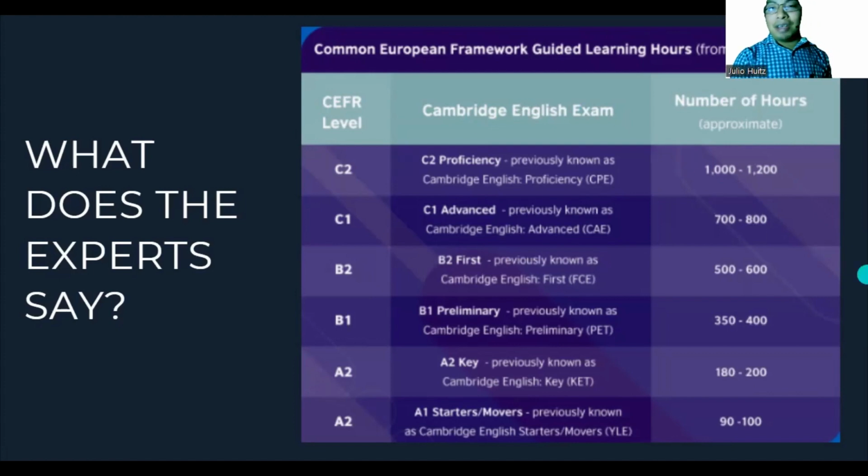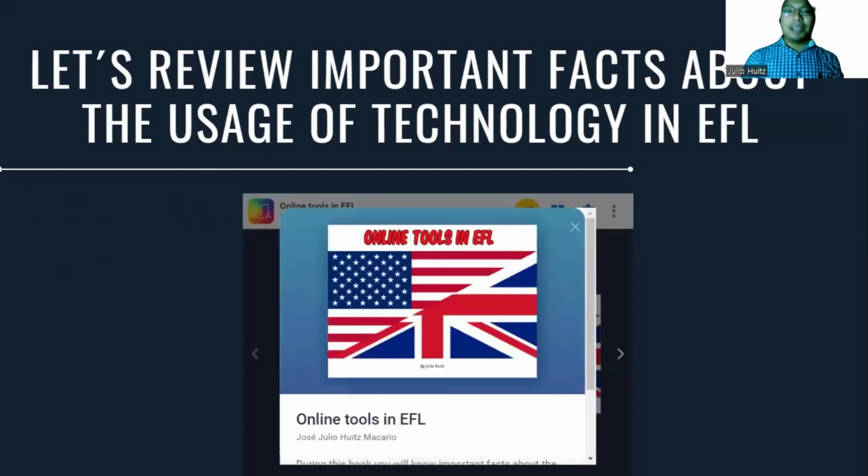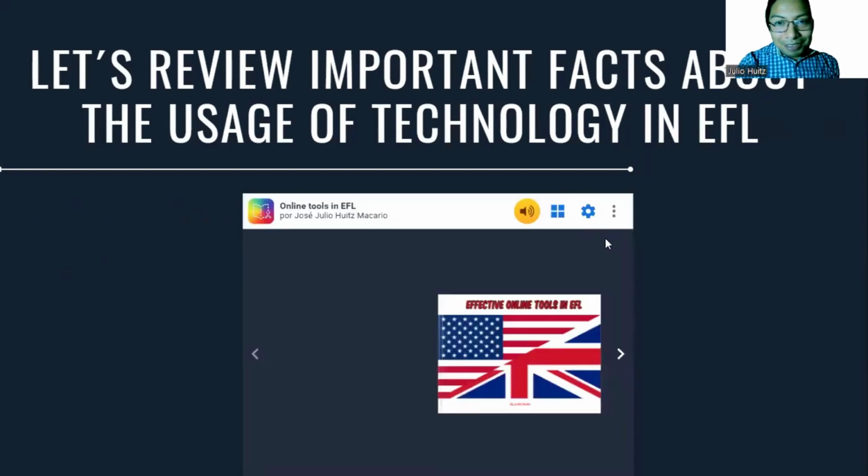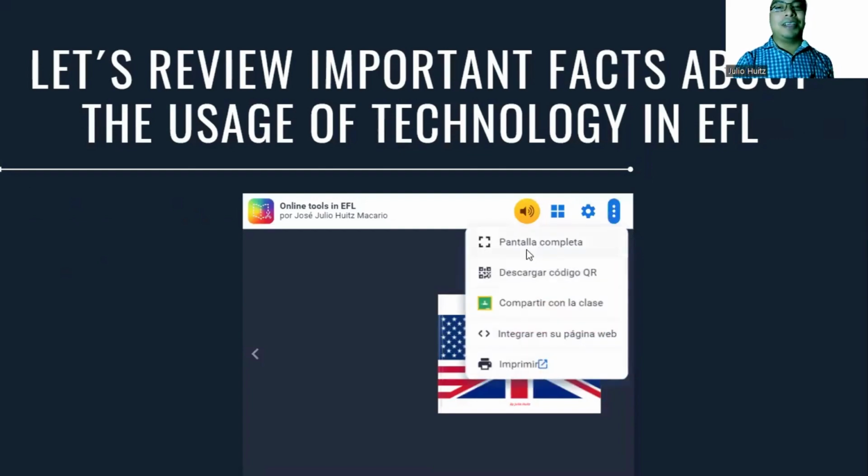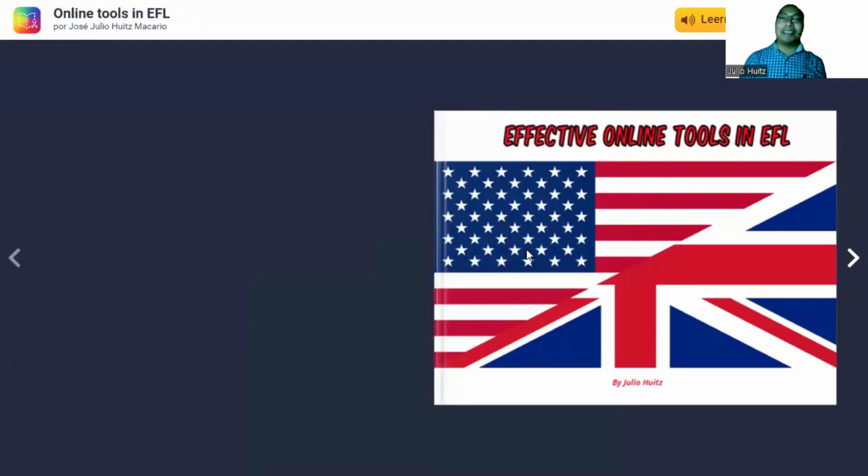So I did something for you here, which is this book. Let me check. I cannot open it right now. Something's happened here. Oh, okay. Sometimes technology has some bugs. But let me explain.